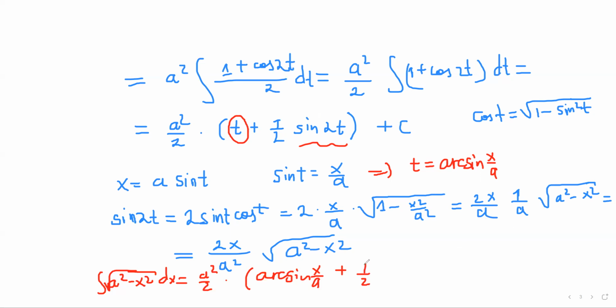So it's going to be 1 out of 2 times 2x divided by a squared times the root of a squared minus x squared, plus c.